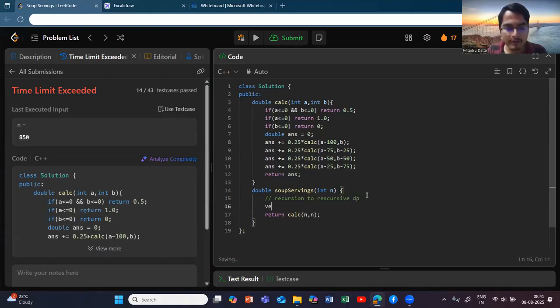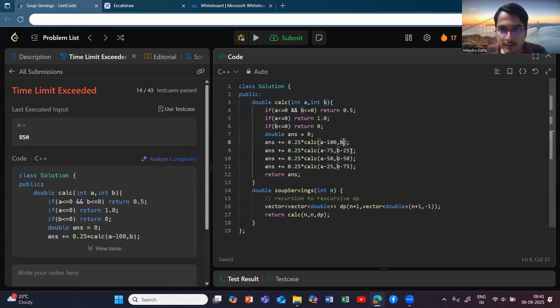So what we do to convert any recursive solution to recursive DP is that you make a DP table. Okay. So n cross 1 and vector of double n plus 1, and you initialize all the values with -1, telling that you have not visited any states right now.